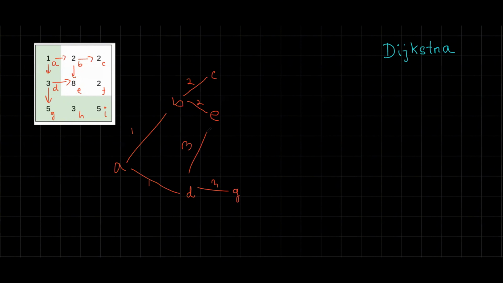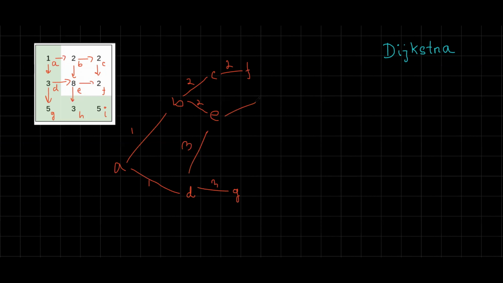So far, so good. Now, from this C, we can reach the cell 2 again. From C, we can reach F by the cost of 2. Now, from this 8, we can reach 2 and 3 again.